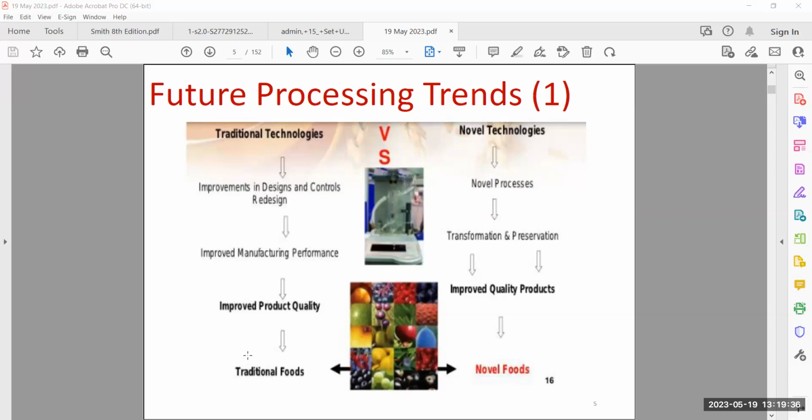But with novel technology, when you are dealing with novel processes, there is transformation, and of course preservation to a certain extent of the nutritional qualities of your food product. From there, you can also improve the product quality, and hence we call them novel foods, because to a certain extent, we improve the nutritional qualities of your food product, sometimes you can even produce what we call a functional food.